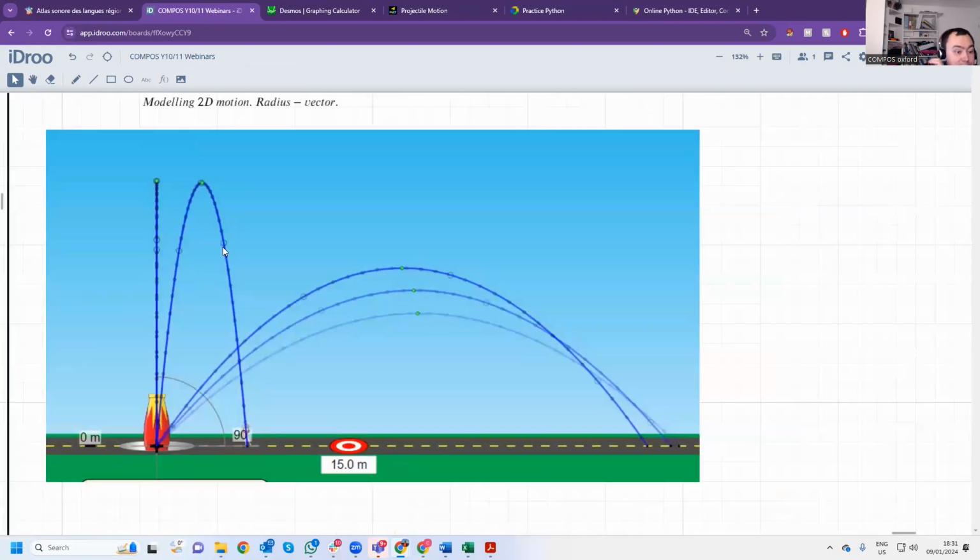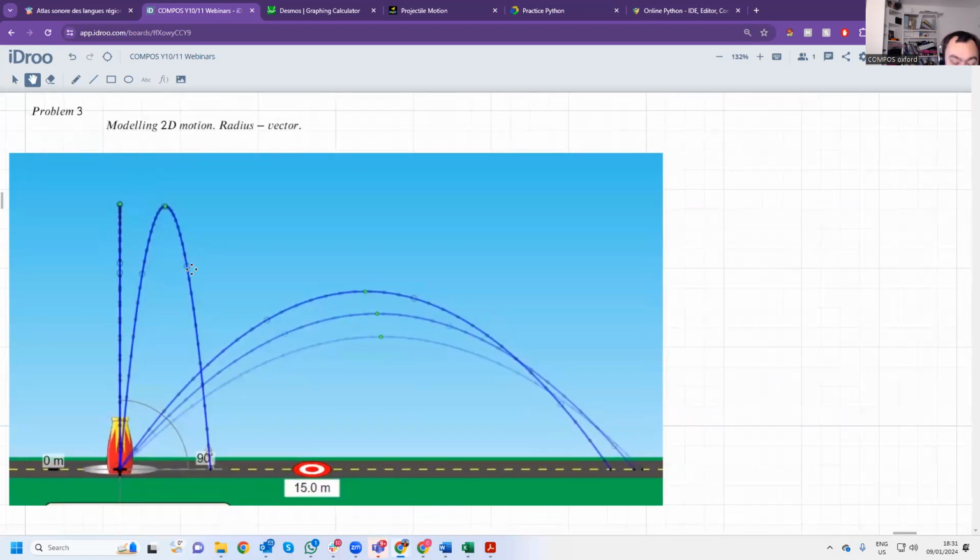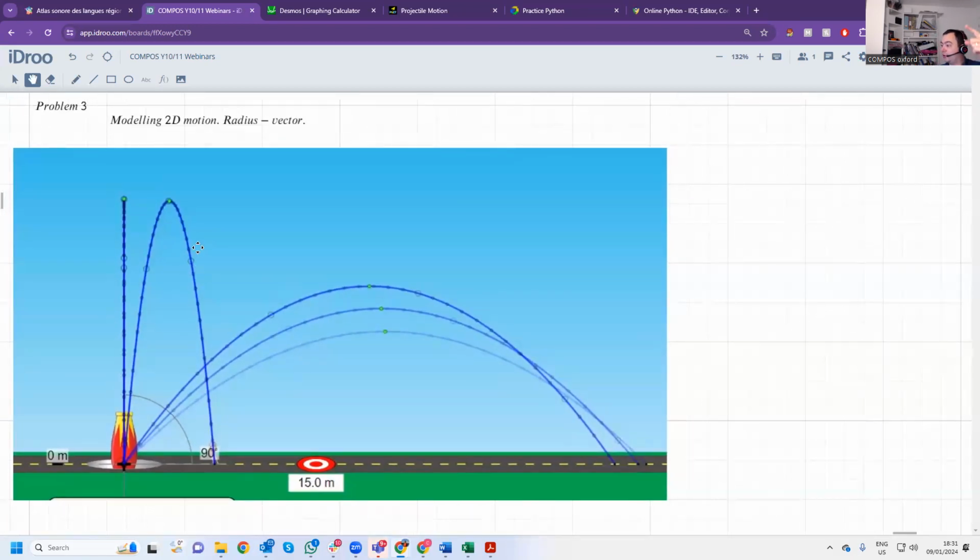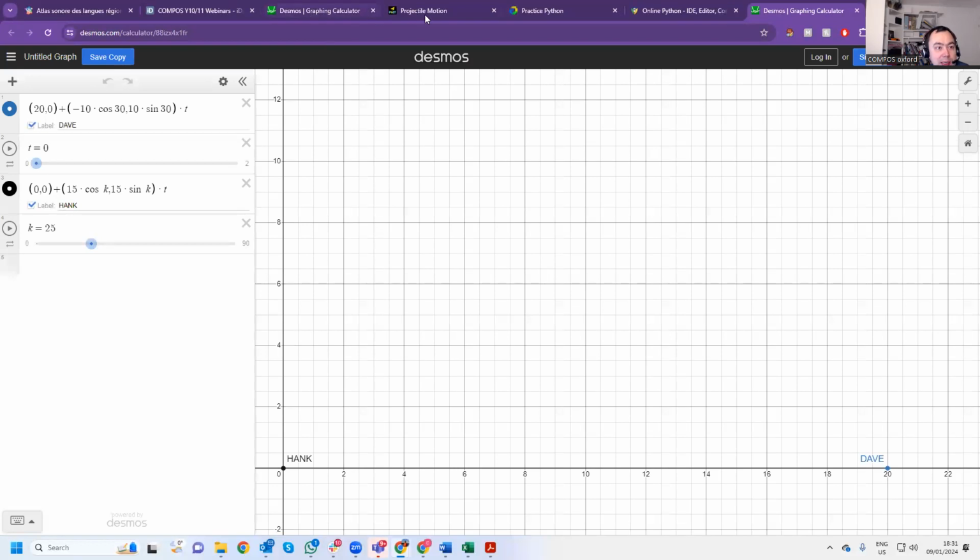Horizontally, we know it is constant velocity, the projectile horizontally. I accidentally sent it as a direct message. This is the Desmos I was using, so you can play around with it.